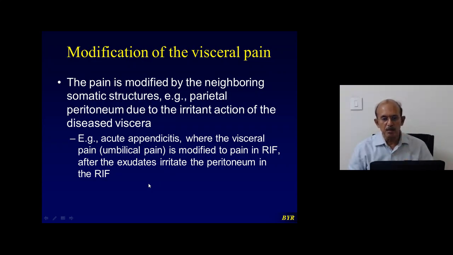So out of the visceral pain and somatic pain, which pain is felt? Which pain is severe? Colicky pain, visceral pain is severe. In non-colicky pains, whatever it is, the somatic pain is severe. That is why the patient feels pain in the right iliac fossa. But if the patient is having obstructive appendicitis with severe appendicular colic, then the patient will feel the pain only in the umbilical region, not in the iliac fossa.